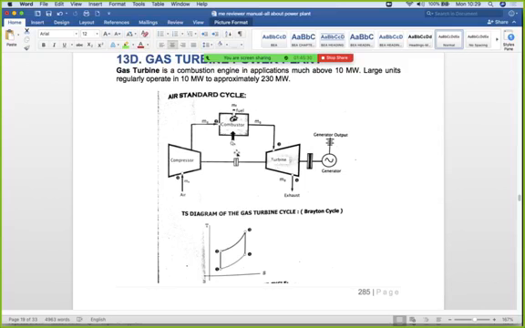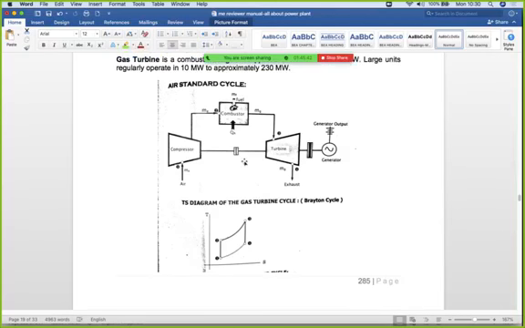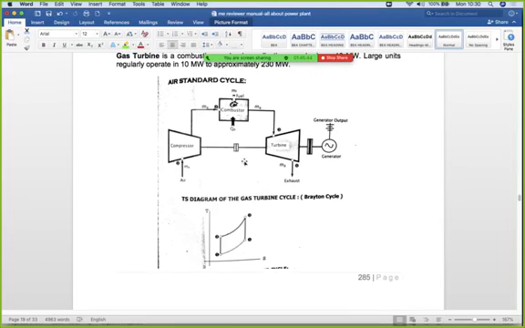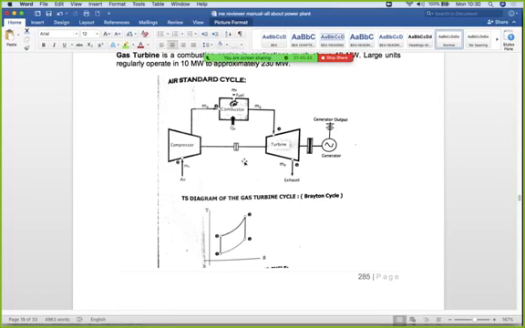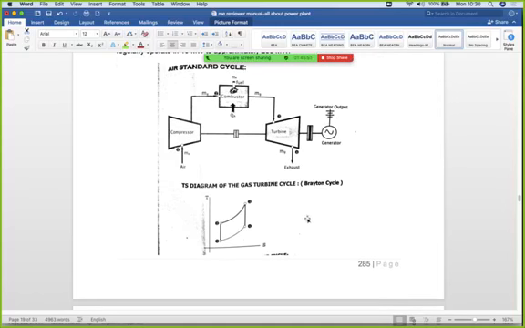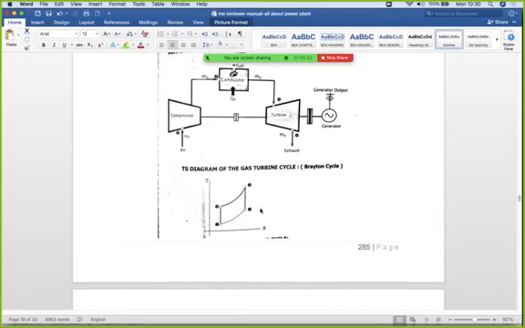High octane fuel is used for the aircraft. That is the air standard cycle, what is used as a standard cycle for gas turbine. We call it the Brayton cycle. This is the standard Brayton cycle.